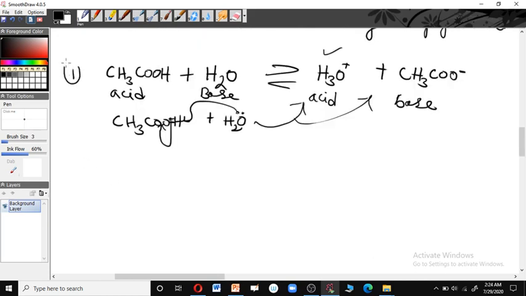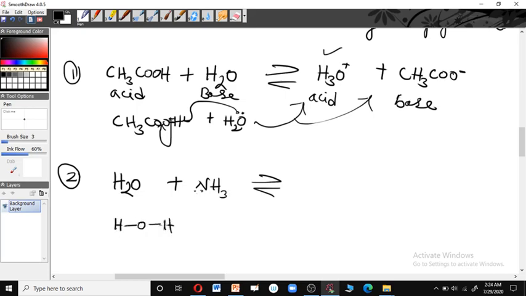Another example: suppose you have H2O undergoing reaction with ammonia. We know that nitrogen has 5 valence electrons and has 1 lone pair, 2 free electrons.